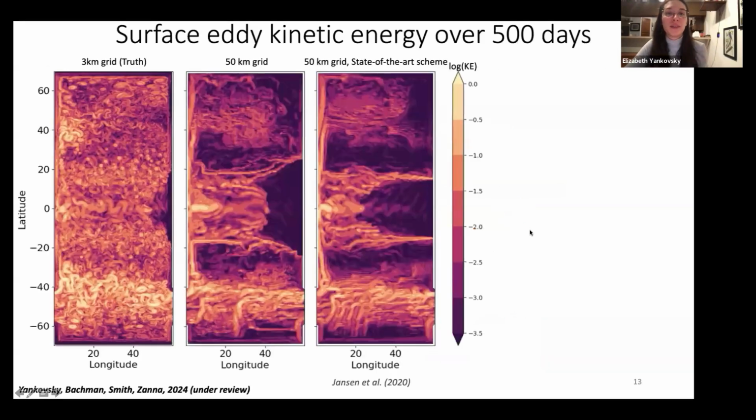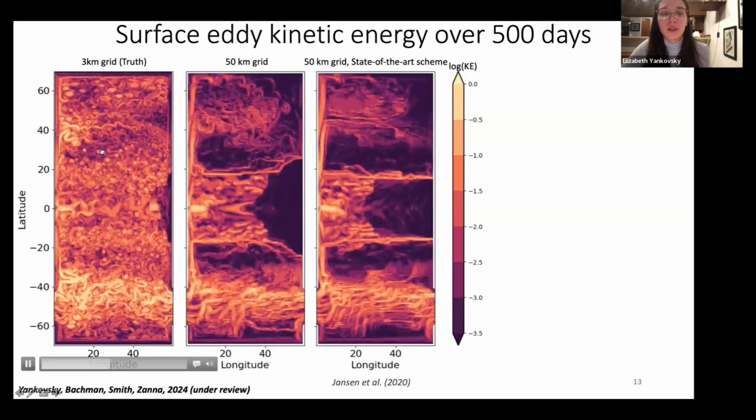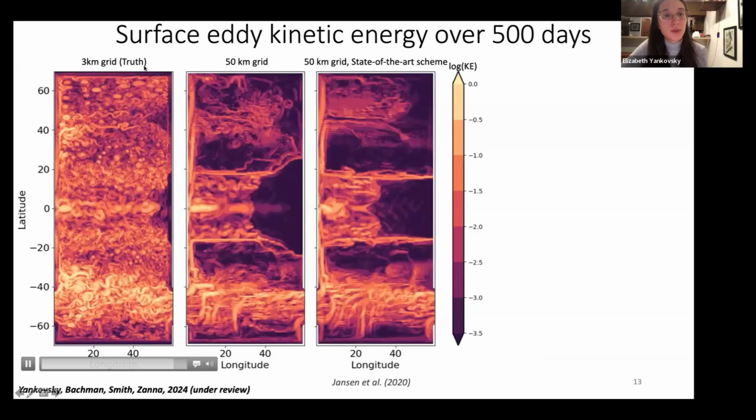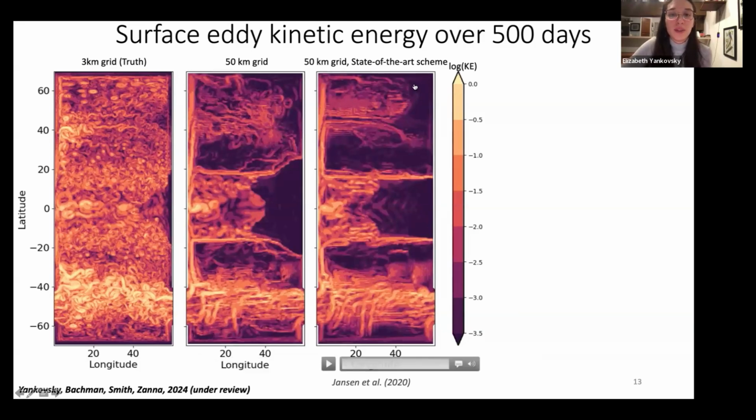Just to show you what that actually does: again, this is the idealized model that I mentioned earlier. This is the high resolution version of it, with a 3-kilometer grid spacing. Then there's a coarser version, which is 0.5 degree, roughly 50-kilometer grid spacing. And then we have the existing state-of-the-art scheme, which I showed on the previous slide, by Jansen et al. 2020.